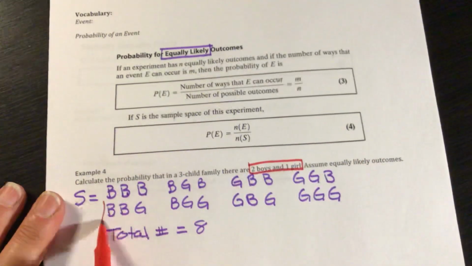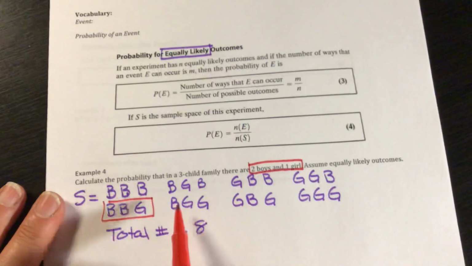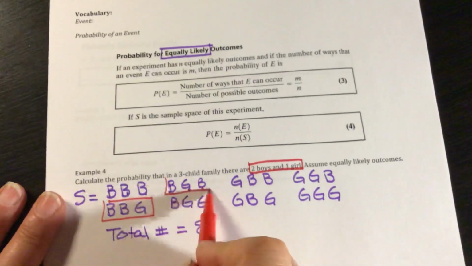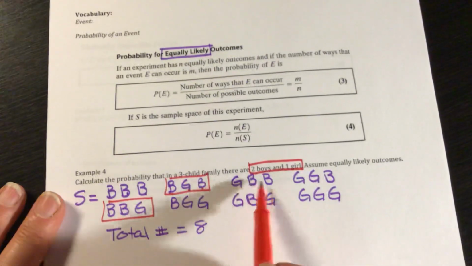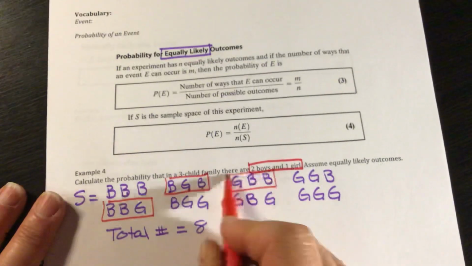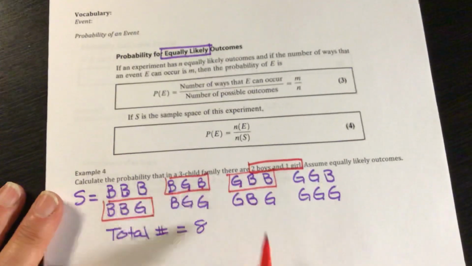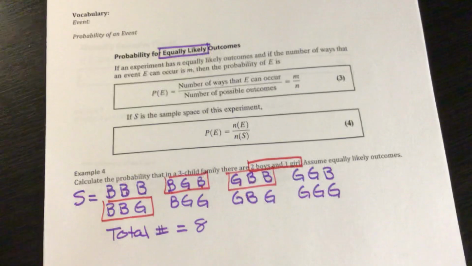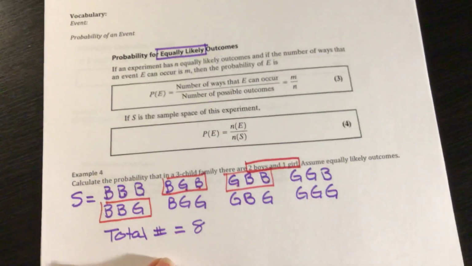So I'm looking for 2 boys and 1 girl. Boy, boy, girl. So here, the number of favorable outcomes, or the number of ways that I can get 2 boys and 1 girl, is 3.